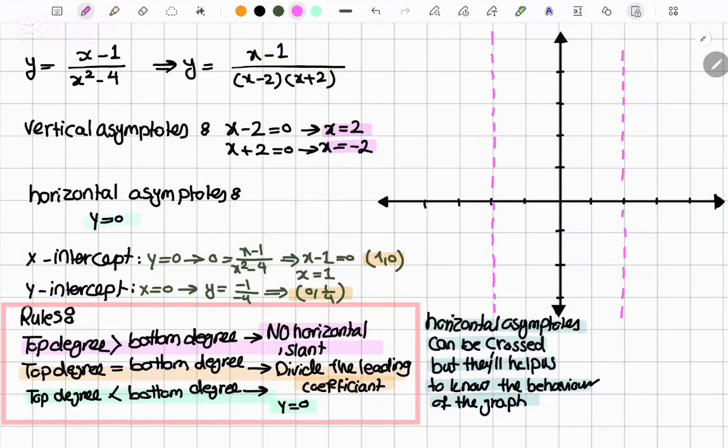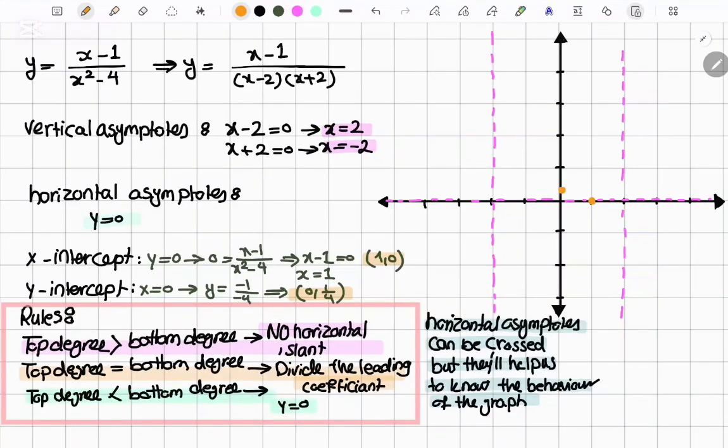So then I'm going to have my horizontal asymptote, which is over here. Y is equal to 0. It's going to be on this line. Okay. And I have these 2 points, which is 1 and 0, 0 and 1 over 4. 1 and 0 here. 0 and 1 over 4 is going to be here.